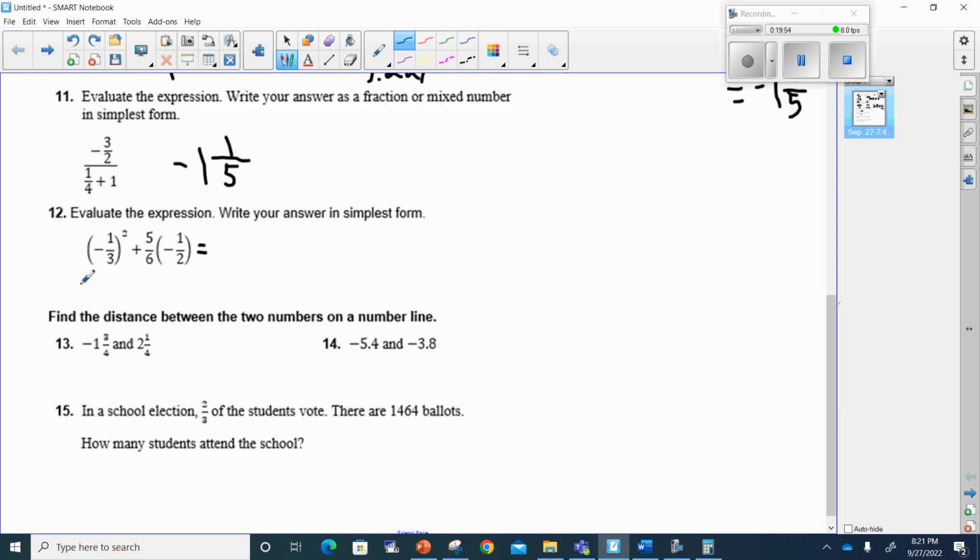This is equal to negative 1/3 times negative 1/3. Well, negative times a negative is a positive, and 1 times 1 is 1, and 3 times 3 is 9. So that means this is going to be 1 over 9.